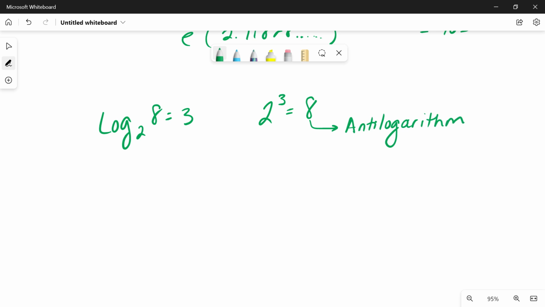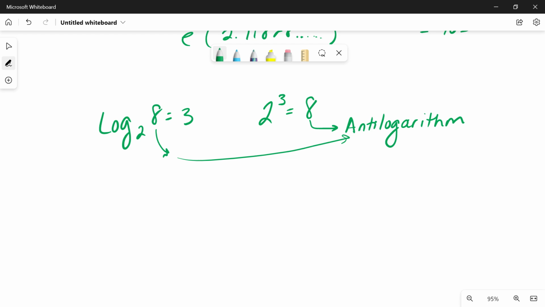That's the number we get when we raise the base to the log. So this right here is going to be that antilogarithm.